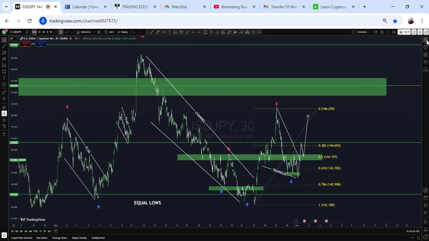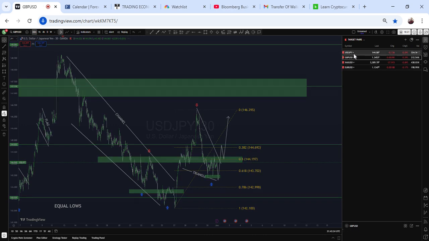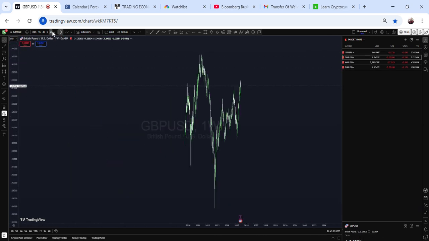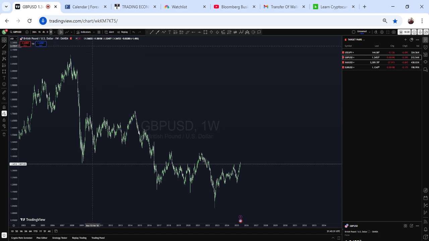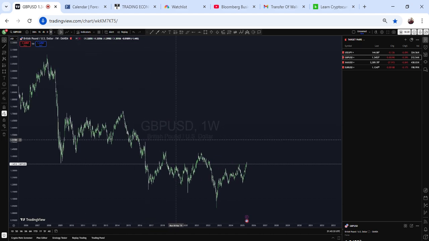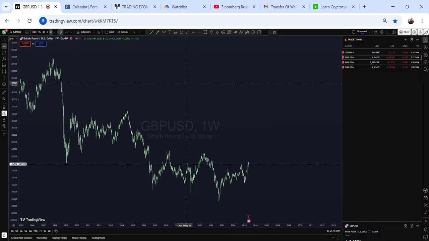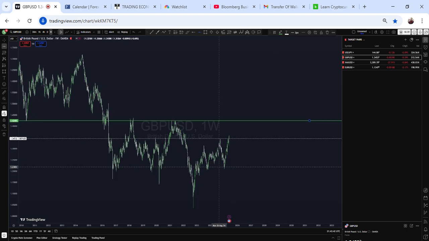Let me quickly go over to GBPUSD. The same thing I said: you have to go gradually. Select your support and resistances on the weekly time frame.